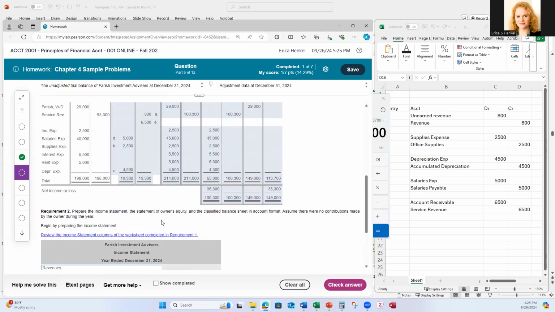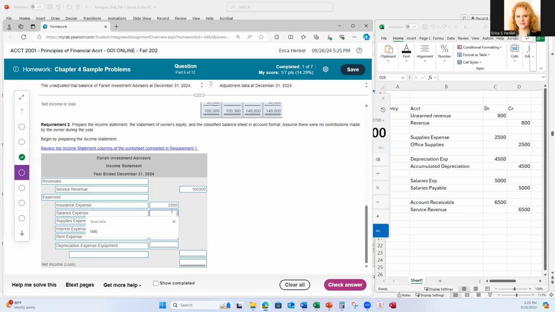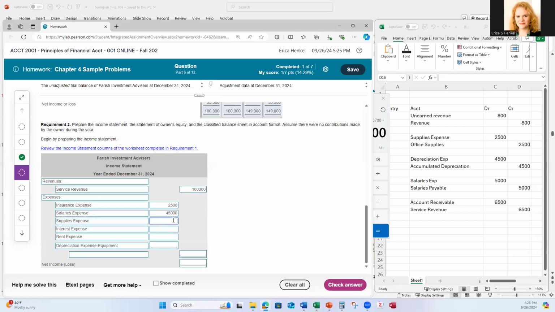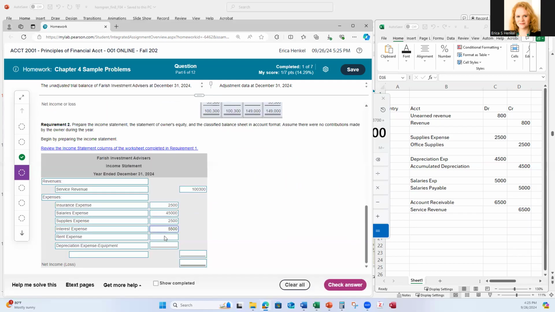Okay, and so then our balance is 2,500, 45,000. Supplies, we've got 2,500, 5,500 here. And then rent and depreciation have 5,000 and 4,500.